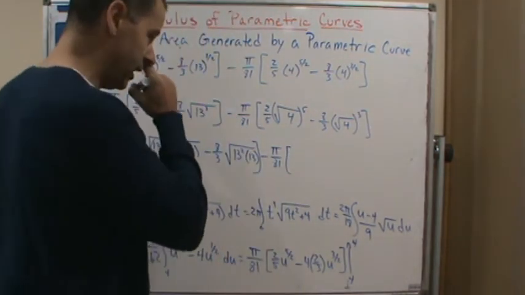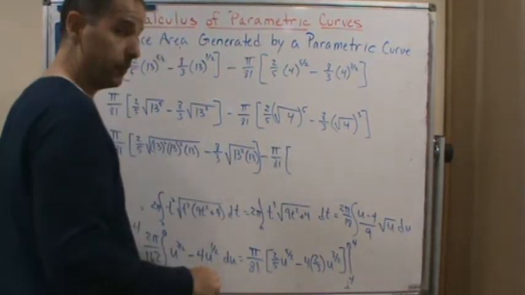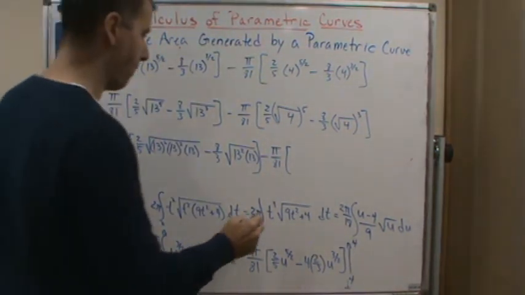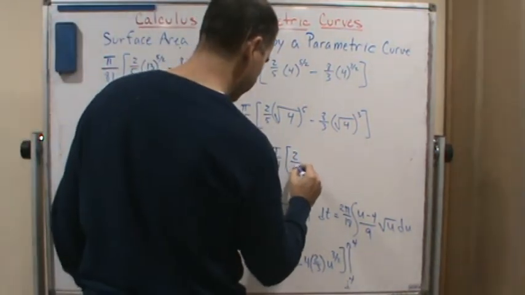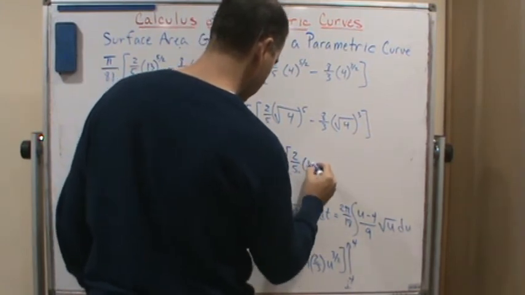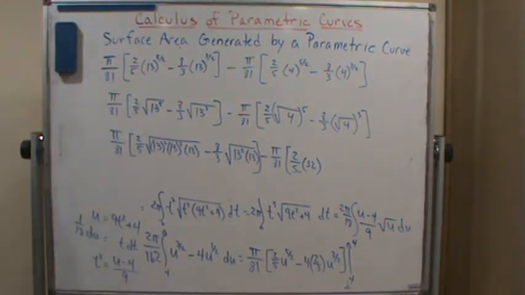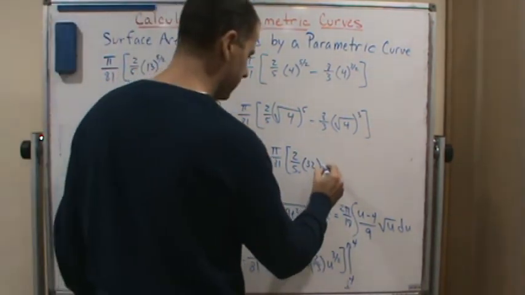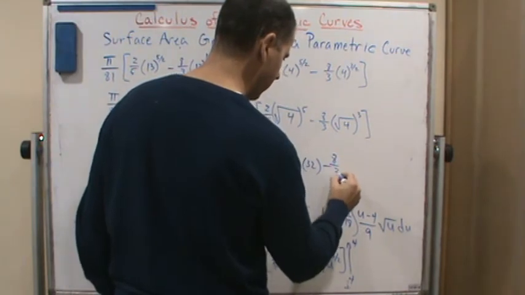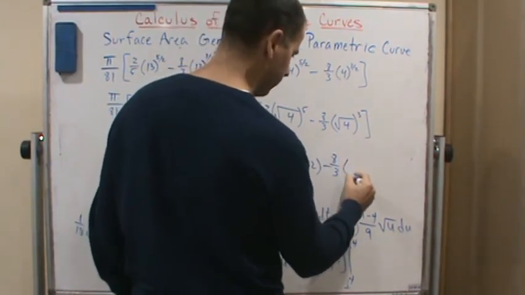Okay, so what happens here? This is the square root of 4, which is 2. 2 to the 5th power is 32. So this is going to be 2/5 times 32. Now here this becomes 8/3, and this becomes 2 to the 3rd power, which is 8.